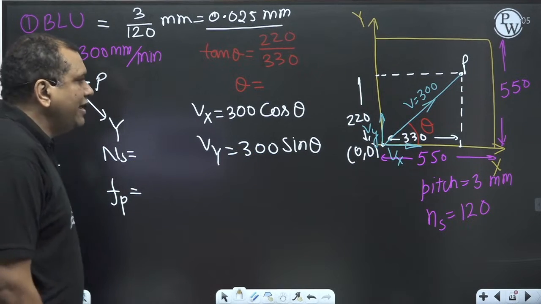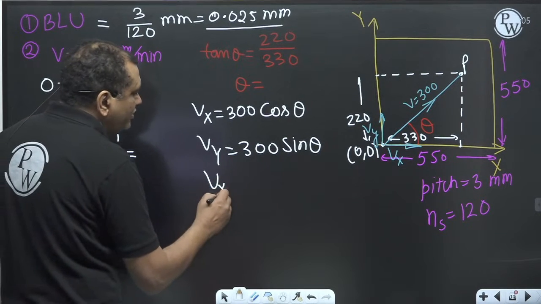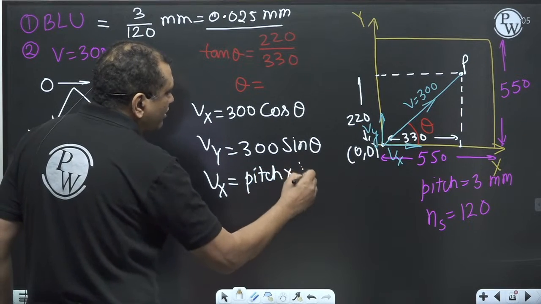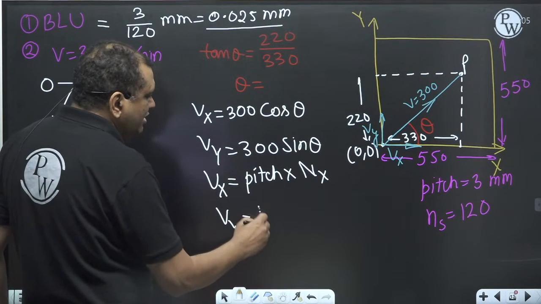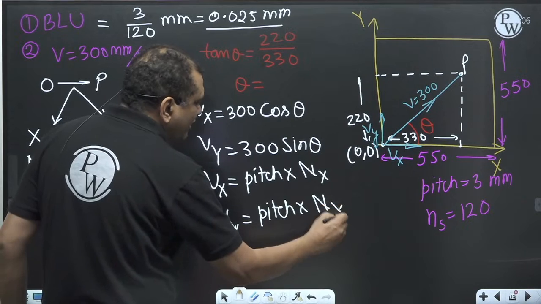Okay? And what is the relationship between velocity and ns? Vx is nothing but pitch into RPM of x motor. Vy is nothing but pitch into RPM of y motor.